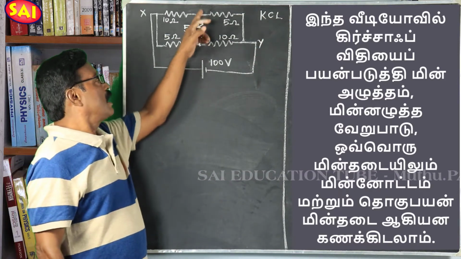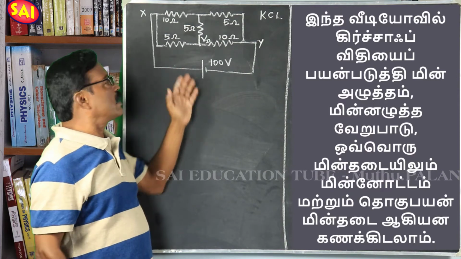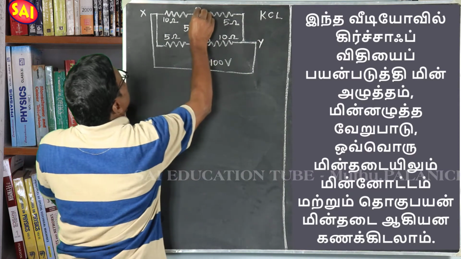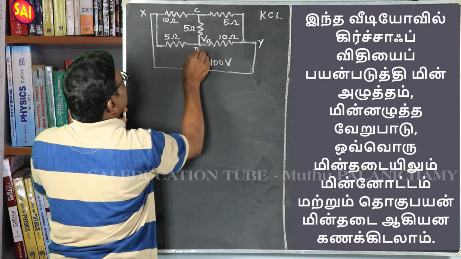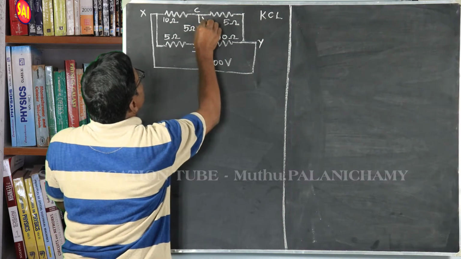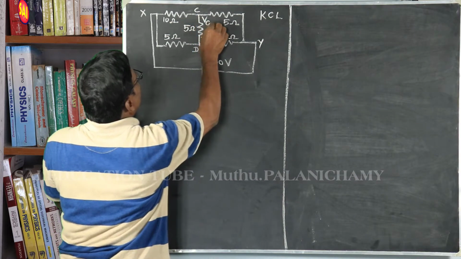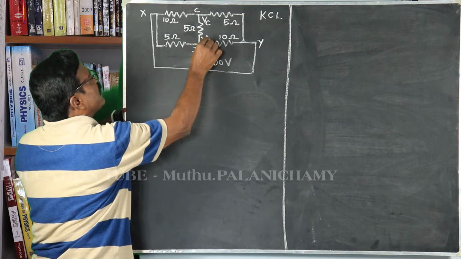Kirchhoff's current law at these 2 nodes. Let this point be C and this node be D, and let the potential at this point be VC and the potential here be VD.